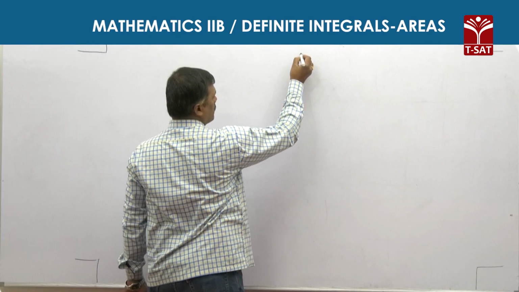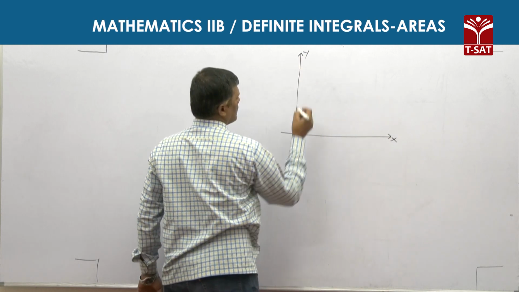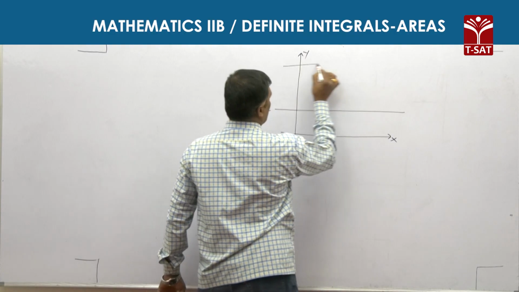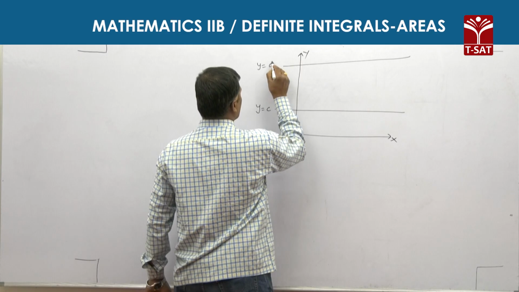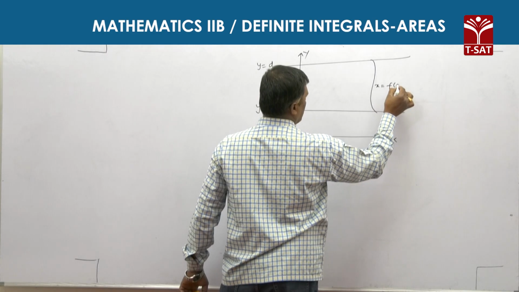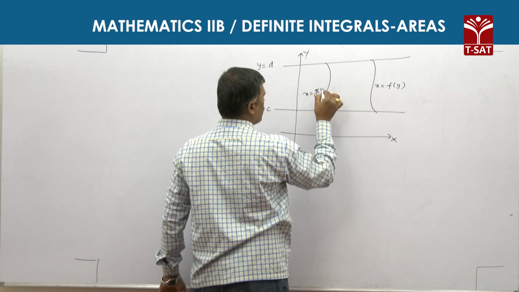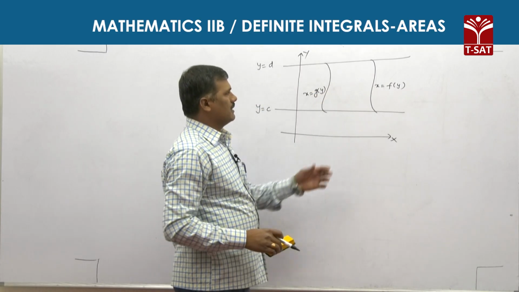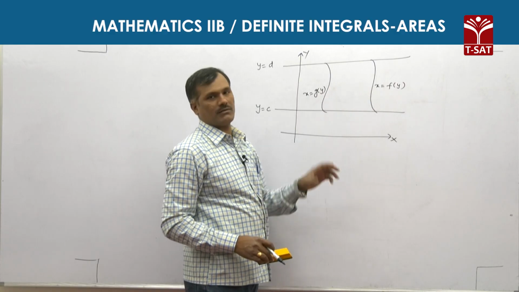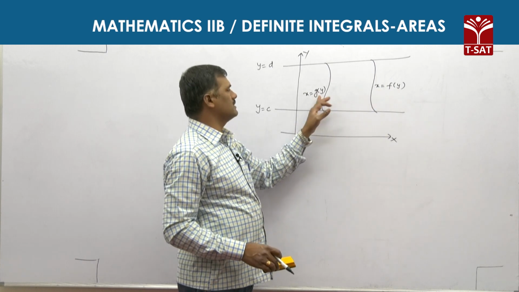Next, if two curves are intersecting, bounded with the y-axis, with y is equal to c and y is equal to d, and this curve is x is equal to f of y and this curve is x is equal to g of y. In this type, it is the rightmost curve minus the leftmost curve. Here the rightmost curve is x is equal to f of y and the leftmost curve is x is equal to g of y.